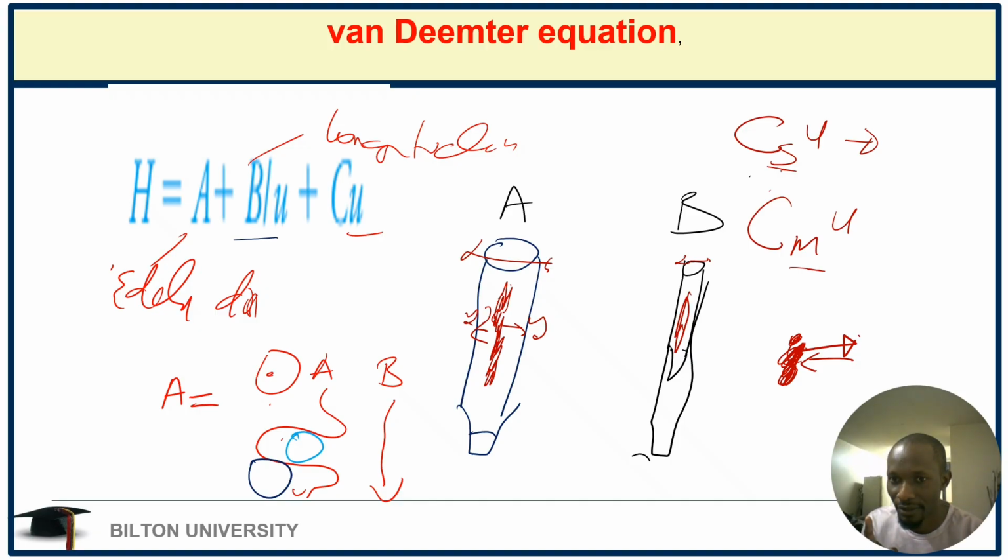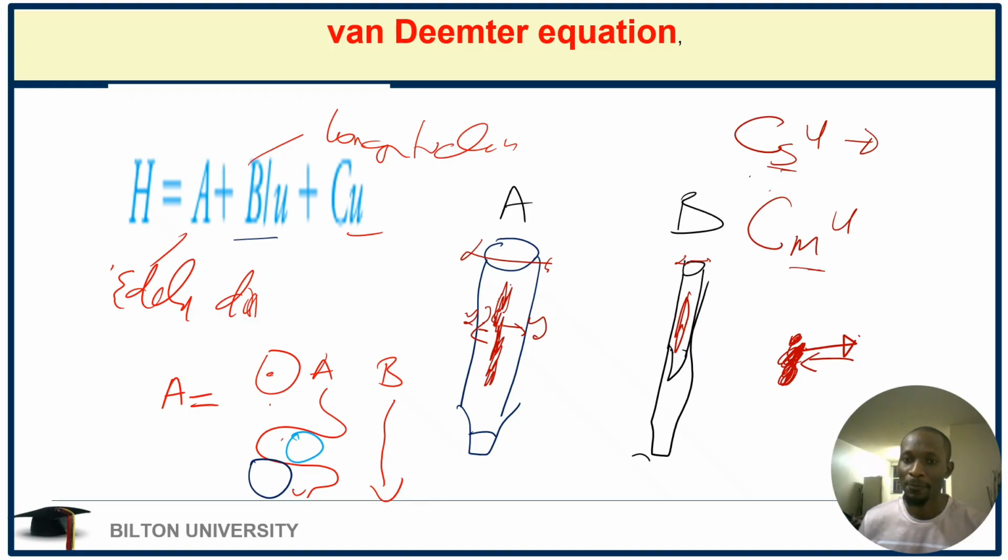If the stationary phase is made up of thick particles, it means that the solute will spend more time to penetrate into the stationary phase, and even when it is coming out, it will spend more time. Or if the solute particle has stronger affinity to the stationary phase, it will get stuck there. It will be adsorbed, for example, and because it has stronger affinity, it will spend more time there before it comes back to the mobile phase.